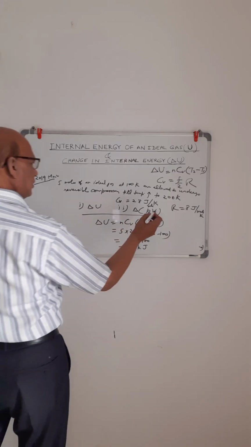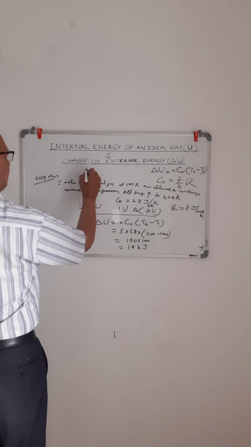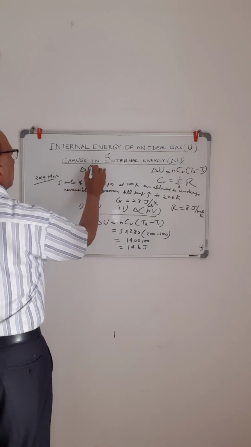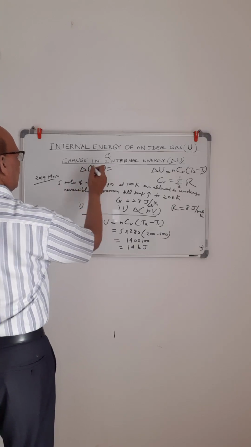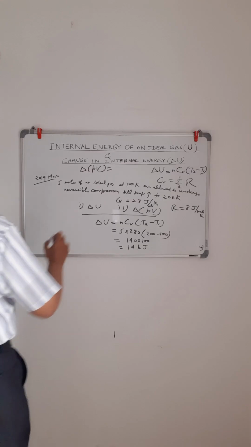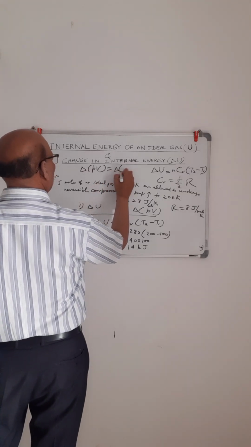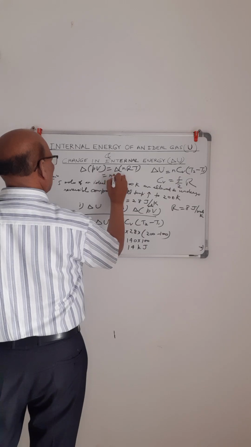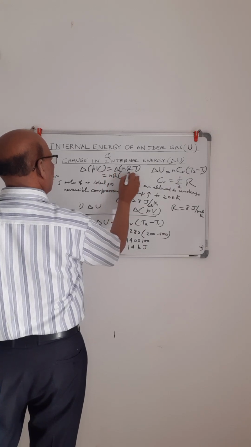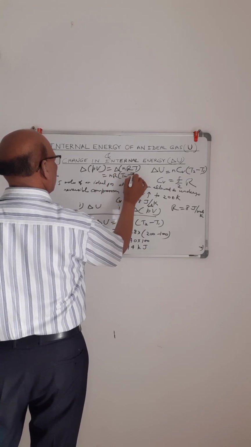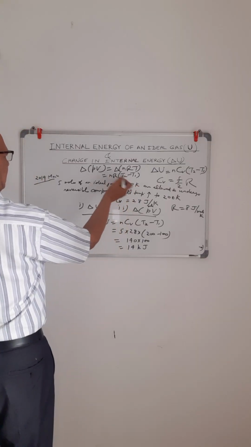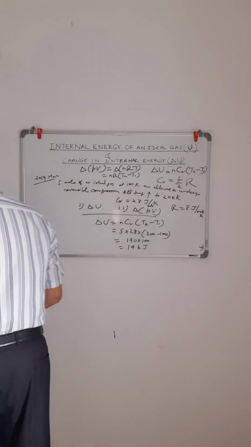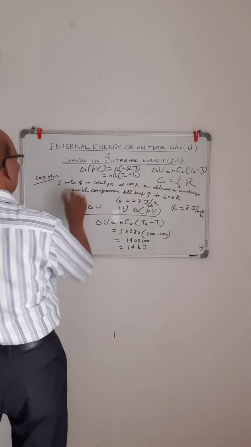And what about delta PV? Delta PV I can write as, we know for ideal gas PV equal to nRT, so I can write delta of nRT. N and R are constant, so nR into delta T, that is T2 minus T1, and by this we can calculate the value of delta PV.